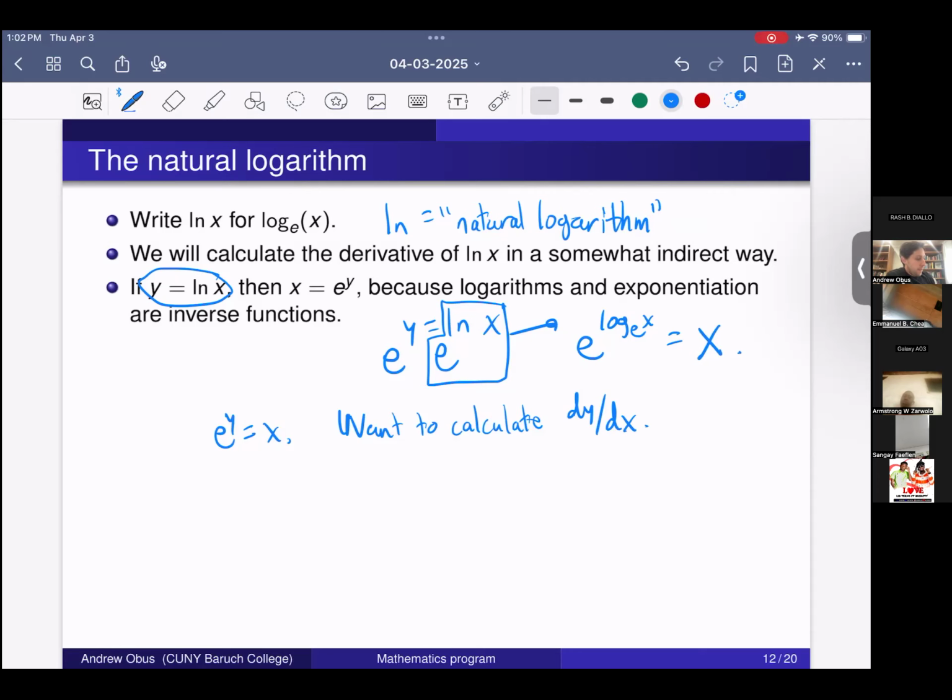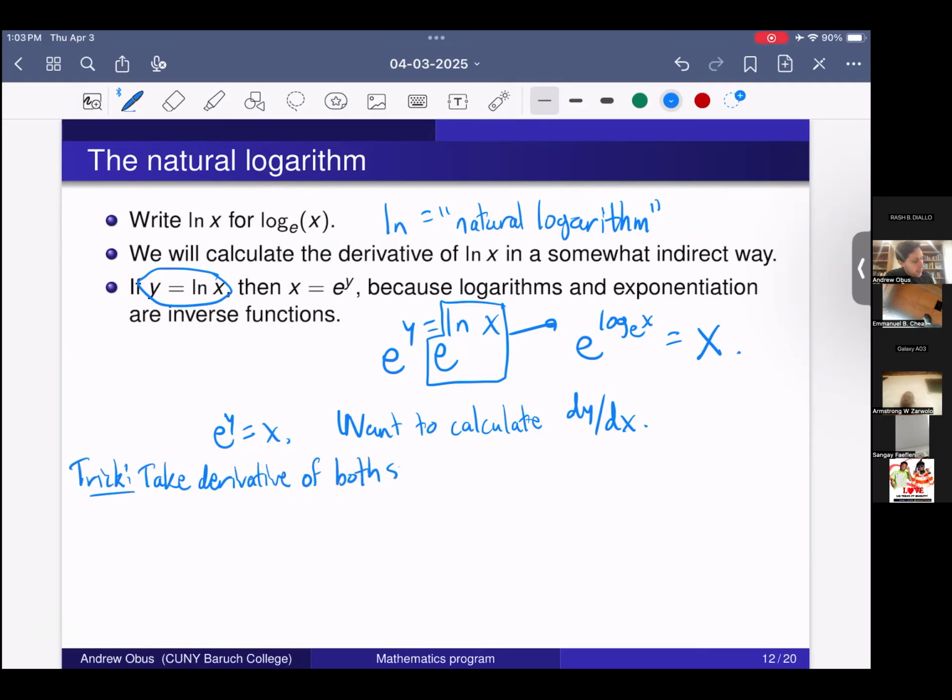Now the trick here is to take the derivative of both sides with respect to x using the chain rule.